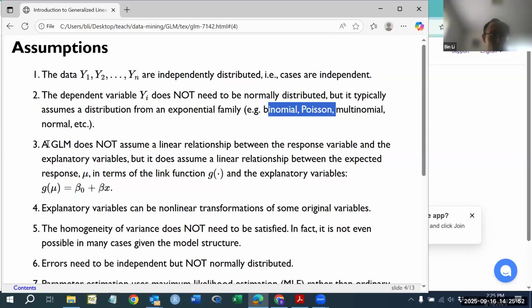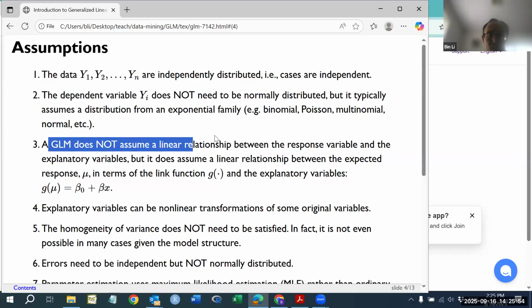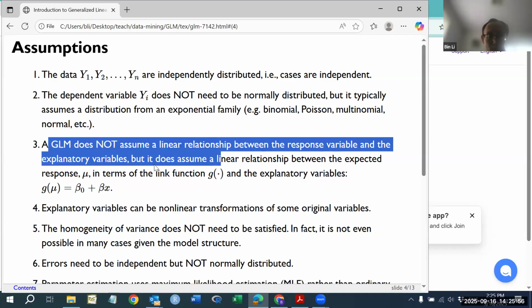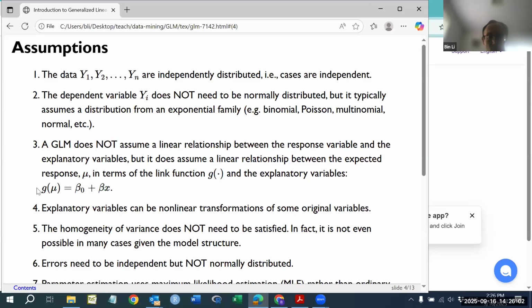A GLM does not assume a linear relationship between the response and explanatory variables, but it assumes that g(mu) equals a linear function, where g is the link function. So it does not assume a direct linear relationship between y and x, but through the link function, there is such linearity.